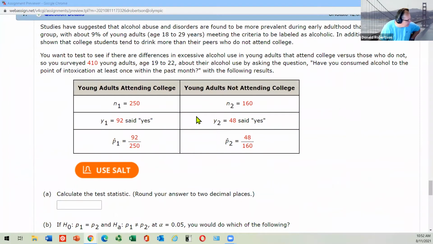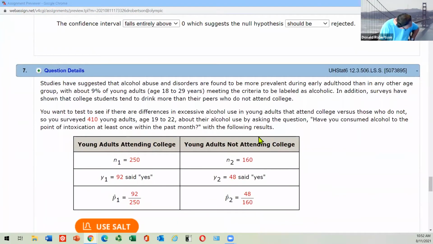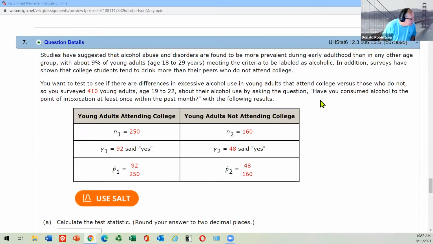Here is basically a different type of hypothesis test. And it's just put the data in the form of a table, essentially. So read over the intro, and then we're going straight into solve. Studies have suggested that alcohol abuse and disorders are found to be more prevalent during early adult than any other age group.